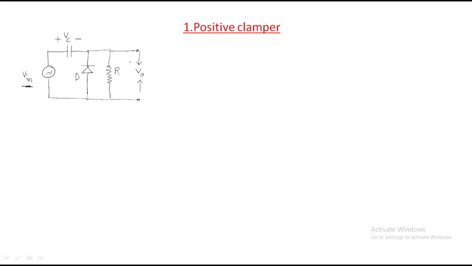This is the resistor. The most important thing is, in order to work as a clamper, the time constant of the RC circuit must be very high compared to the input signal time constant, tau. Why are we discussing this?